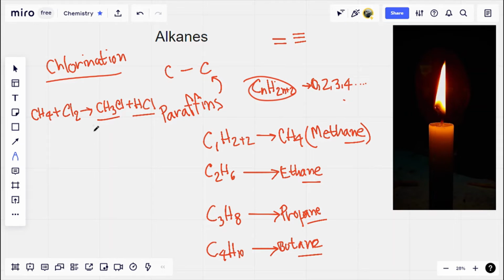This reaction will continue if we add more and more chlorine gas. So methyl chloride plus chlorine gas, we would get dimethyl chloride, and here again one chlorine gas will substitute one hydrogen and sit on its place, CH2Cl2 plus HCl.